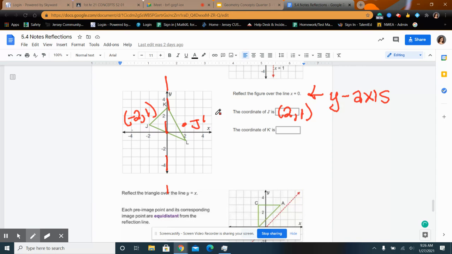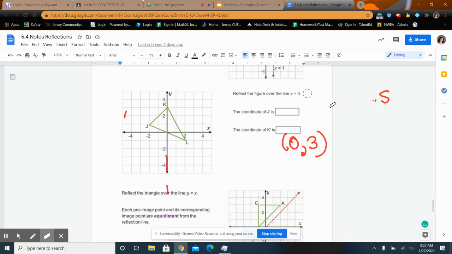So the signs changed on the X, the Y stayed the same. Where would K prime be? It's in the same spot. You're absolutely right. Remember, you go X direction first. So we went 0 in the X direction and then up 3. And then L would have to go the other way. Okay.